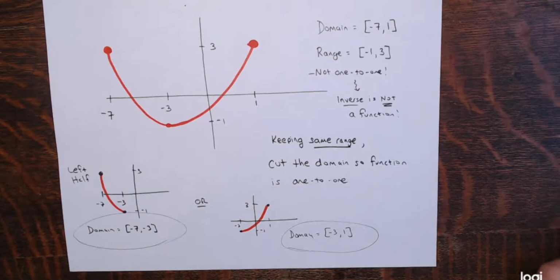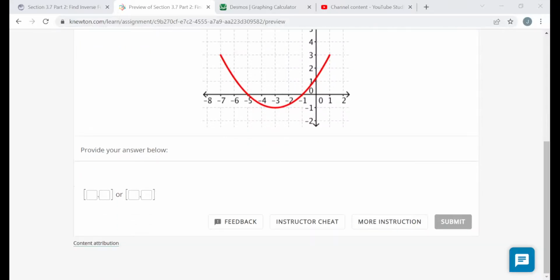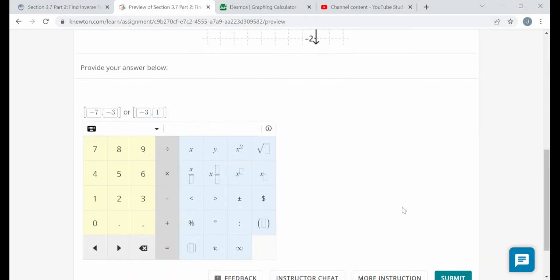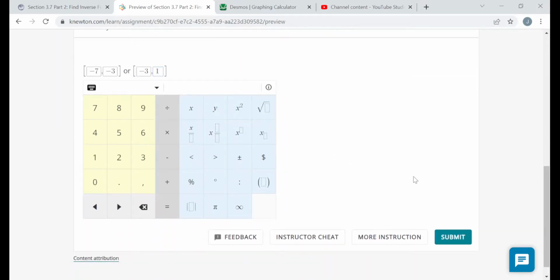Now they already have the brackets, so I just need to enter the numbers. One of these was for the left half, from -7 to -3, and if I wanted the right half, that 1 to 1 piece instead, that was from -3 to 1 on the x-axis. So one of those, not both, will give me a 1 to 1 function, and therefore the inverse function would exist.